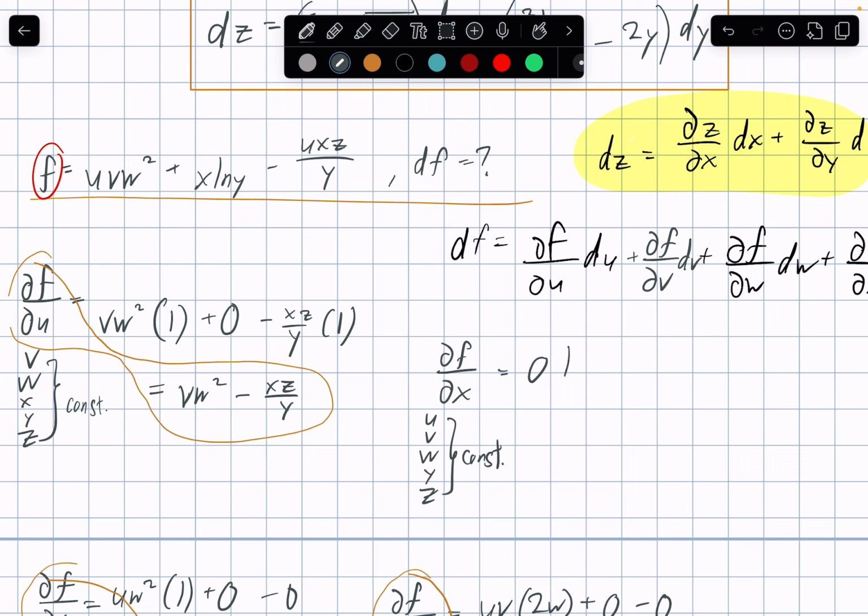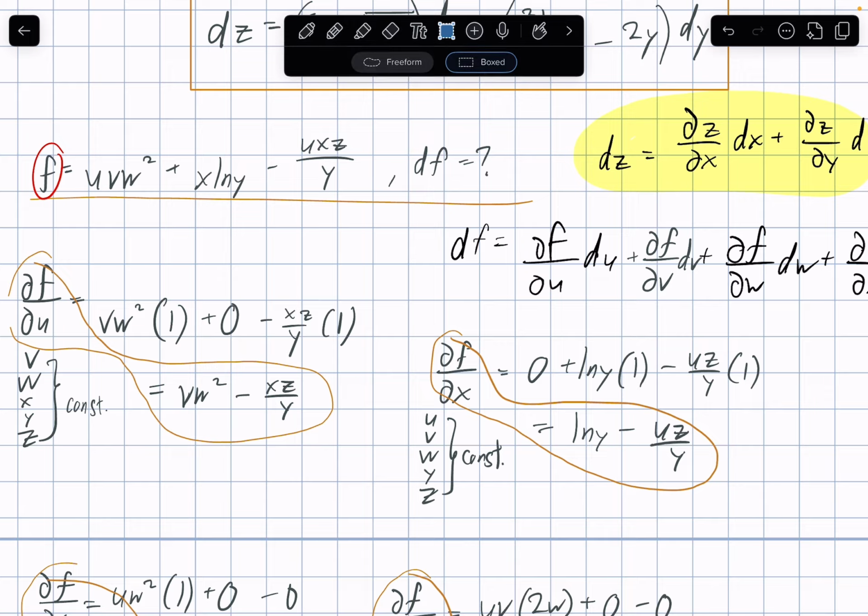For the x term, put aside v and y. The derivative of x is going to be 1. Minus, set aside u, z over y. The derivative of x is going to be 1. Simplify: vy minus uz over y. That's going to be the answer for partial f over partial x.